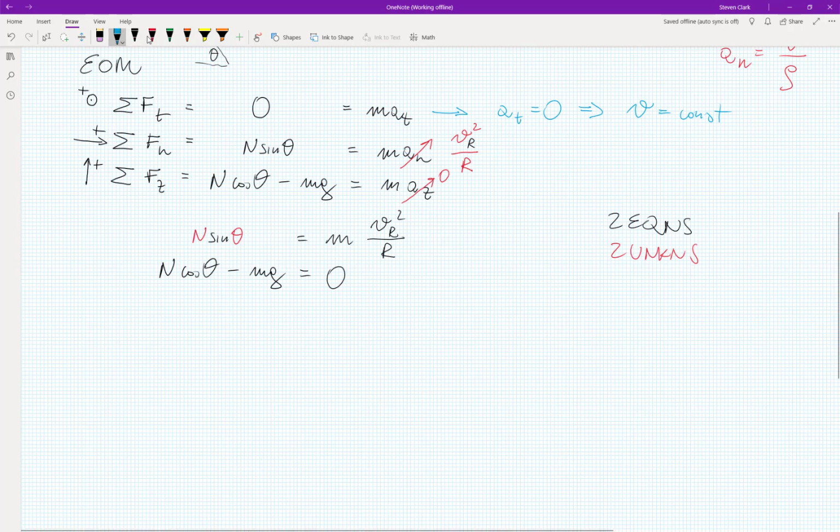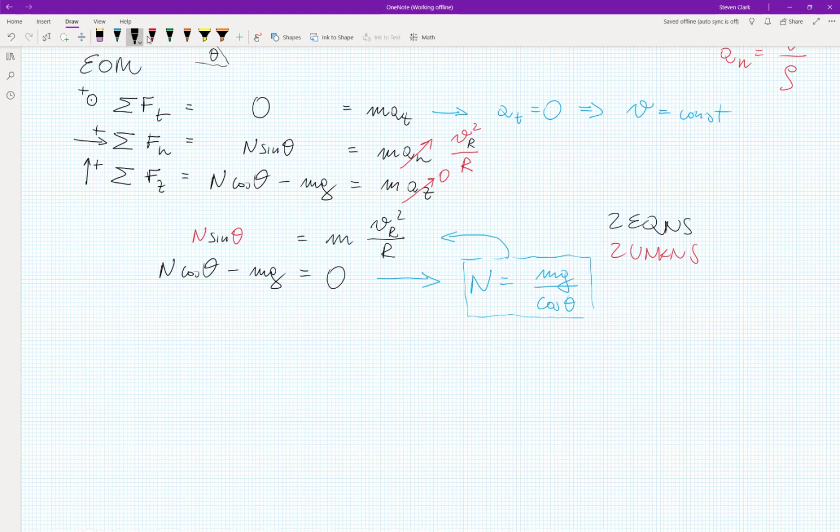From the second equation, we will know that N is equal to mg divided by cosine theta. As a digression, it's again larger than mg, because cosine is at most 1. So N is larger than mg again, and this is again due to that centrifugal force that pushes our car into the track.